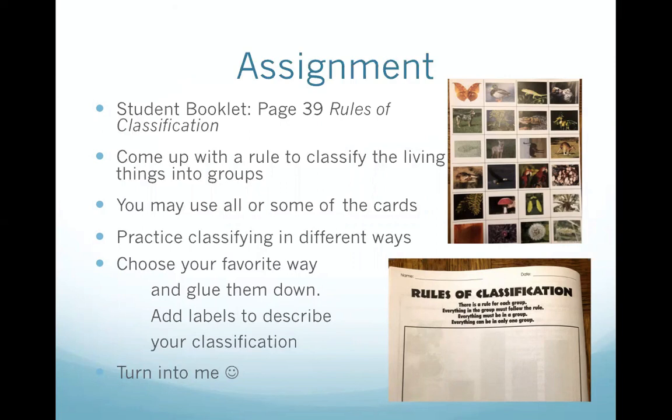Now, I do have to say this is a little tricky because there are some plant and animal cards here, but you see this little red mushroom right here? Mushrooms actually for a long time were in the plant category, but then scientists looking a little further at them, and as technologies evolved, we're able to look at things closer, look at them differently.